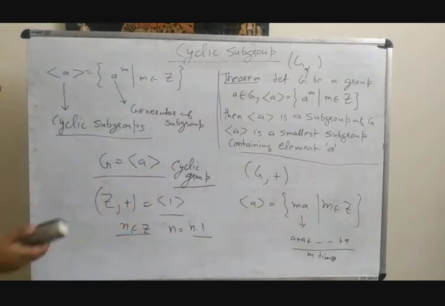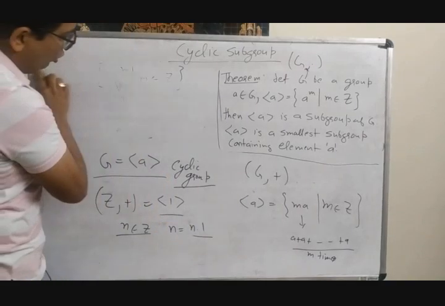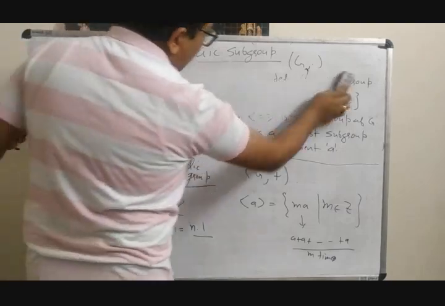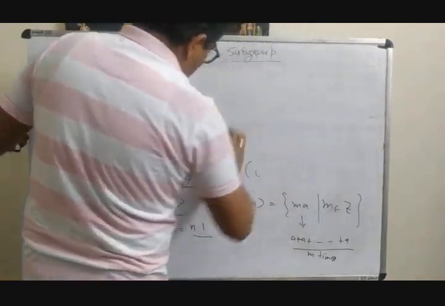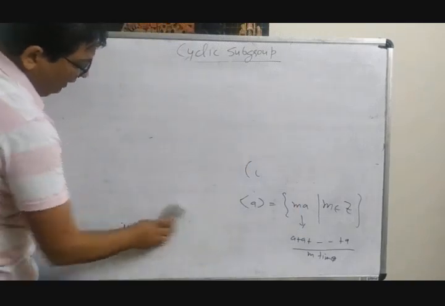Now the next important two definitions which we will discuss are the order of a group and the order of an element.